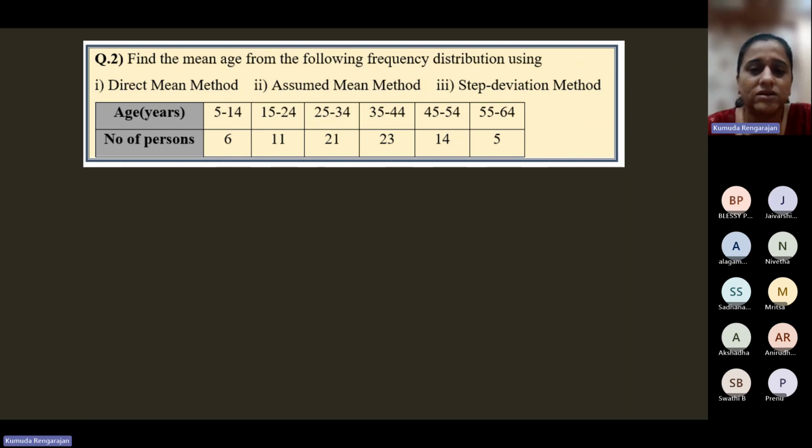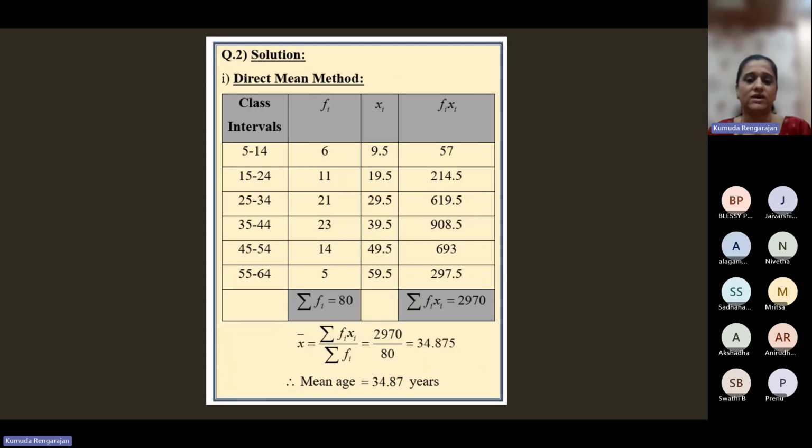So the class intervals are of the inclusive form. Now you need to find the mean for this data. For this frequency distribution, you need to find the mean age. So we're going to work using both the methods, direct method and the assumed mean method. So we'll see the answer.